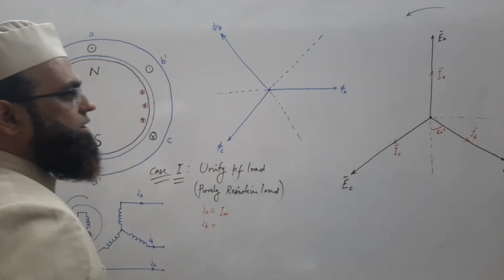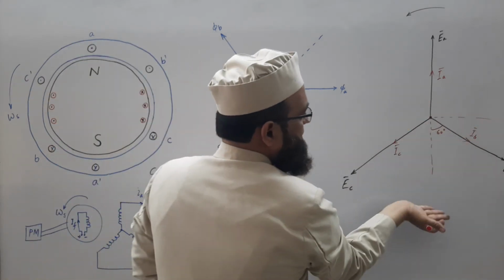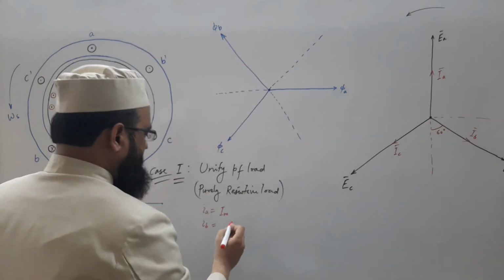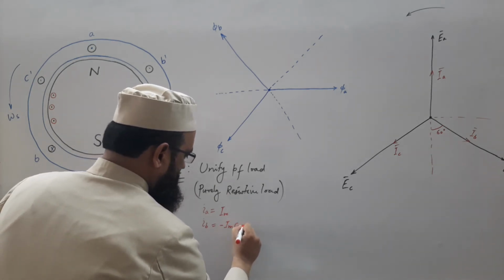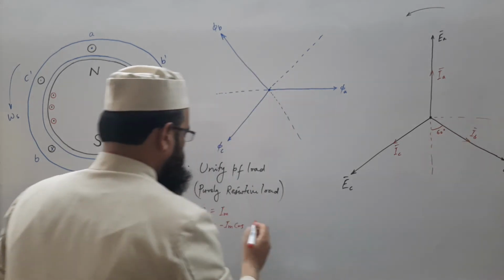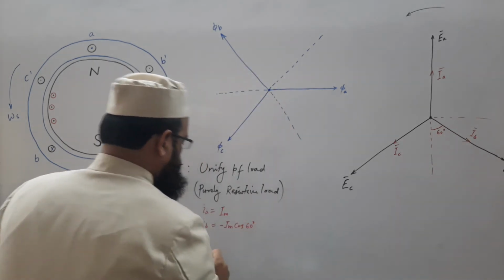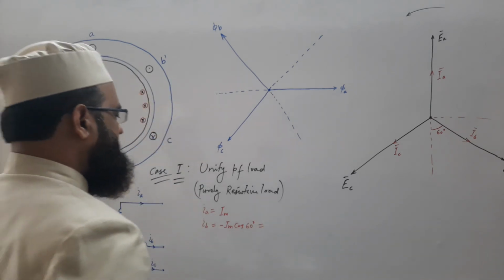Fine. So the vertical projection of IB will be, see this is negative, so with negative sign we will have minus Im cosine of what angle? Projection, we are taking cosine of the angle, right? 60 degree. So cosine 60 means sine 30, half, minus Im by 2.